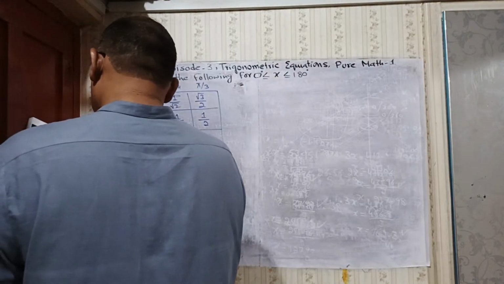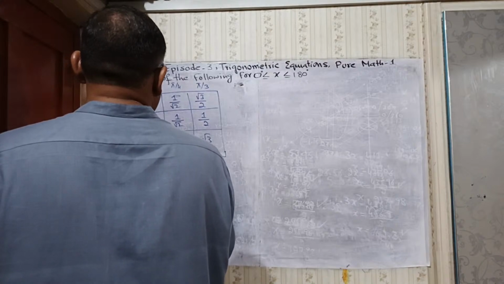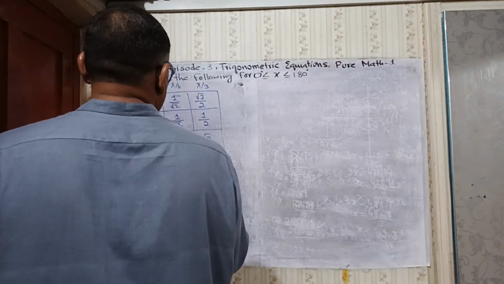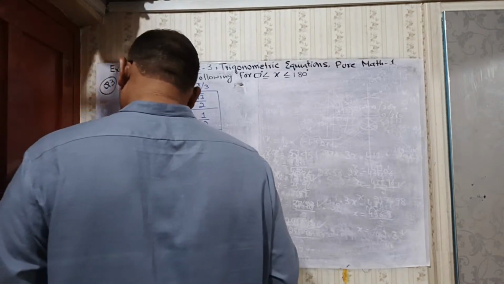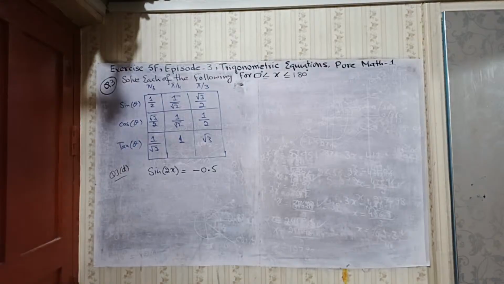It says that sine 2x is minus 0.5. You know, sine 2x is equal to a minus thing, so that angle will be in the third quadrant and the fourth quadrant because sine is negative in the third and fourth quadrants.